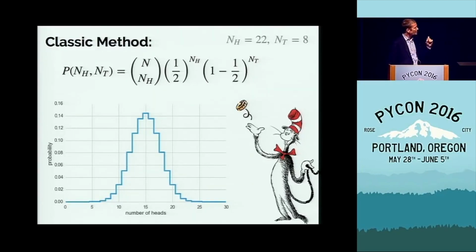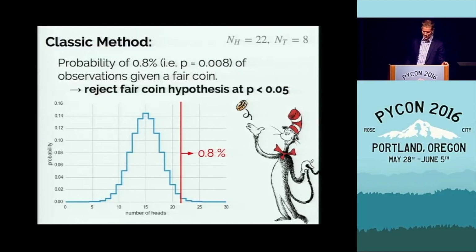And what we can look at here is where our 22 hits right there, and ask, what percentage of these tosses would be that big or bigger? And we get here for the binomial distribution that it's 0.8%. Right? And if you've heard of these p-value things, this is actually a p-value. We have a p of 0.008 for the data that we've looked at.